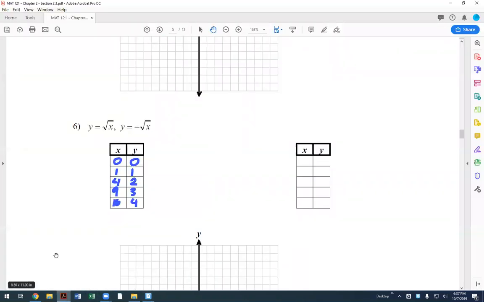Okay, so again, most of you guys have this down already. You can definitely use the same x values, but the only difference is from the y equals square root of x function to negative square root of x, all of these values will now become negatives, right?